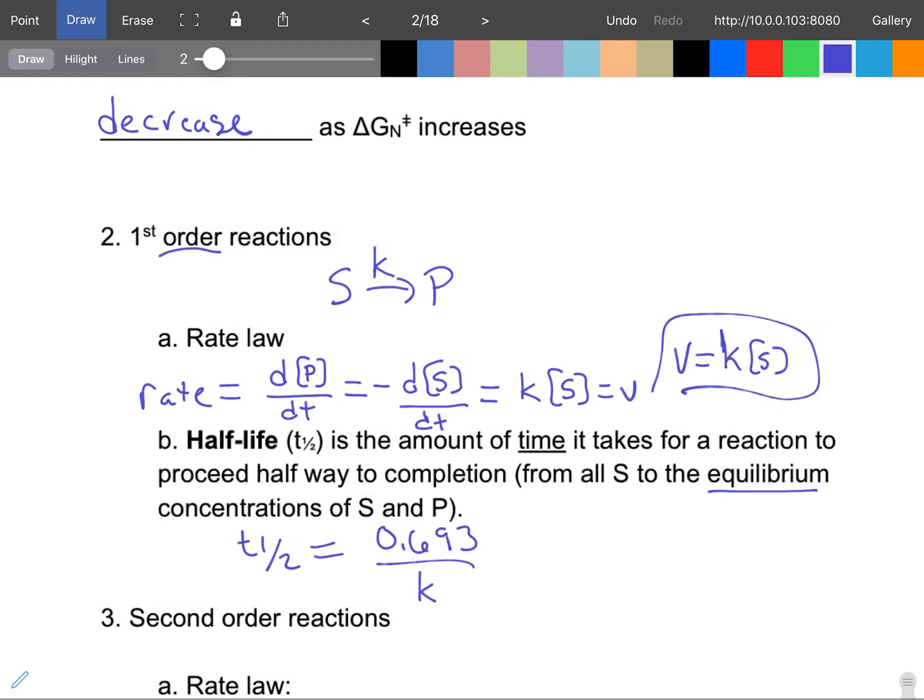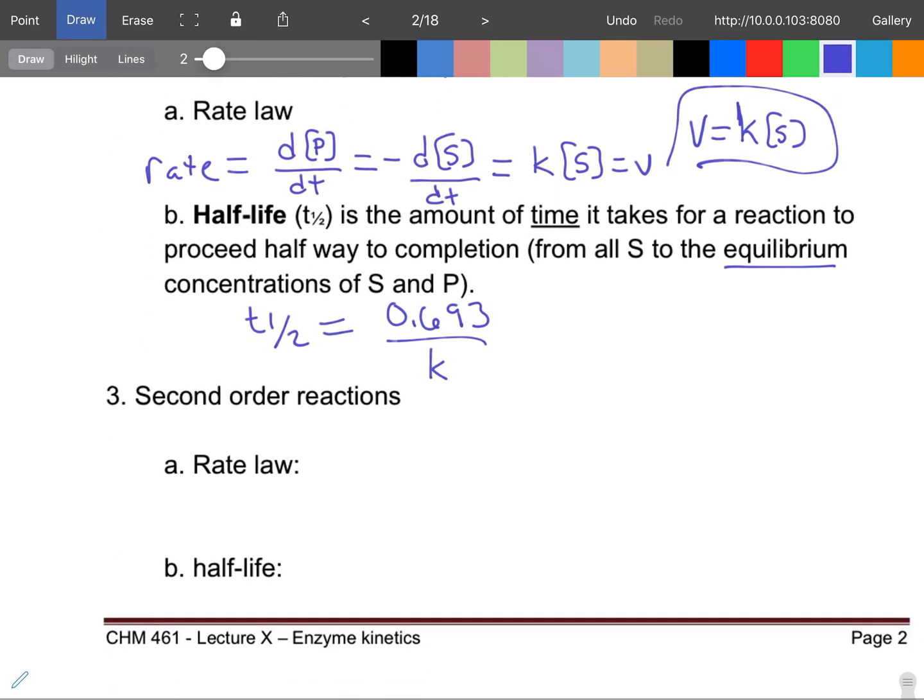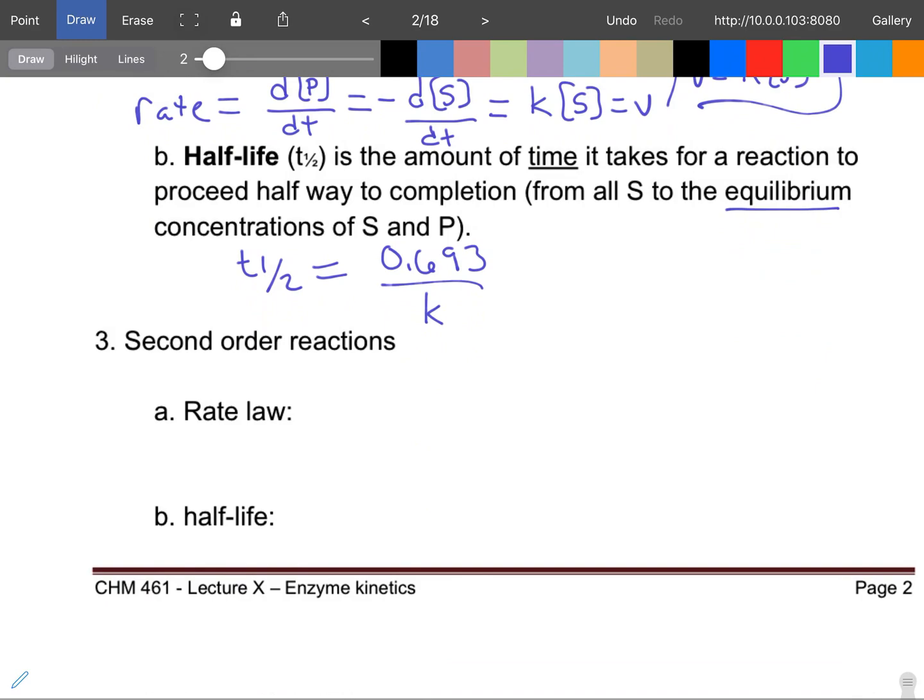It's kind of interesting. Let's look at second order reactions, and these can take on a couple ideas. You could have perhaps one substrate and another substrate, so S1 and S2, that by some rate constant produce product. Or it could be two substrates that are identical to each other via some K that produce product. So as far as the rate law goes, these are second order reactions, so you're going to have two concentration terms.